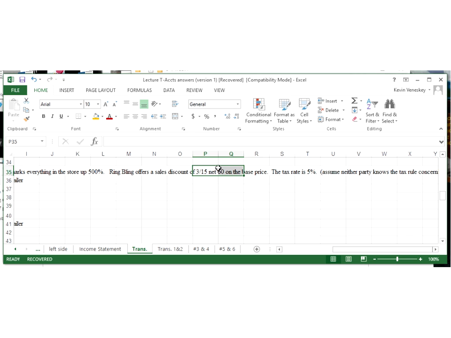Sales discount, when it says 3/15 net 60, these could be any numbers. They don't have to be these numbers. The 3, the first number, is a percent off. That's the percent that the seller is willing to give me as a reduction in the price if I pay my full bill within the next number in days.